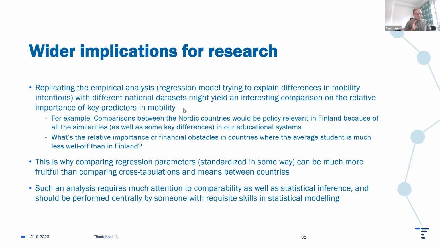It might be that the results that I found using the Finnish data set concerning student financial situations are not replicable in other countries, because of course the financial status of students varies greatly within the participant countries of EuroStudent.